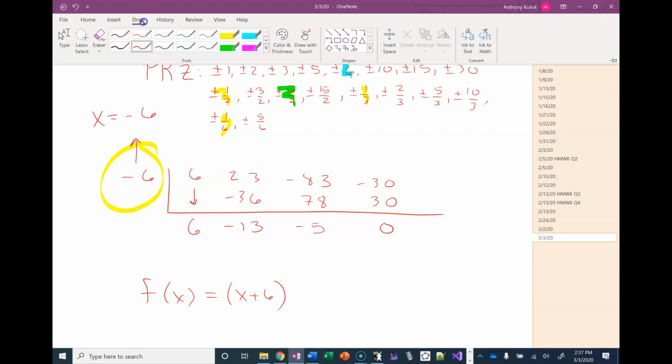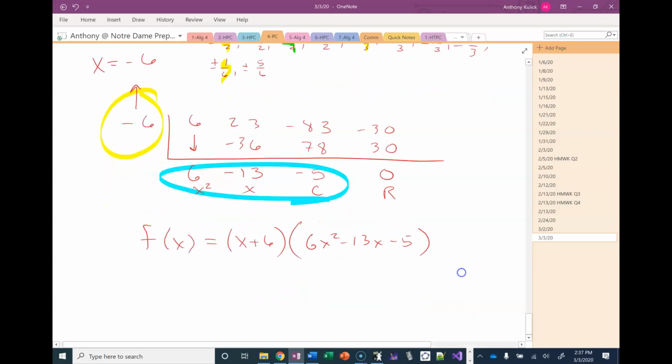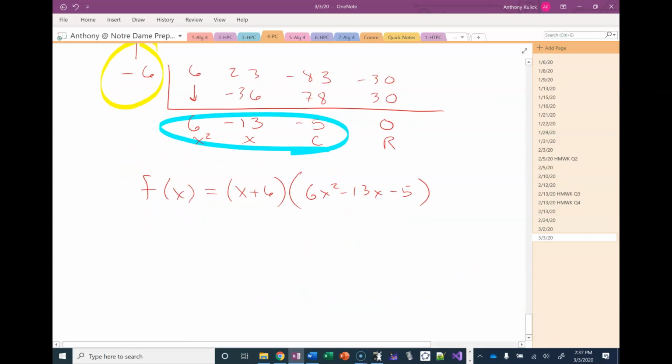The other factor is going to come from this stuff. What is that factor going to be? Remember, this is remainder, constant x and x squared. We okay there?